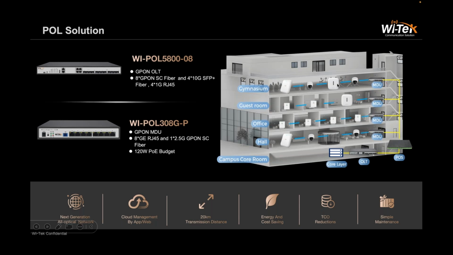Like here we show, this is a building with a control room. From our core switch or from our server, we connect one OLT. This OLT has a few fiber ports. Every fiber port goes to a splitter, which splits into 128 new fibers. The new fibers go to every floor, and then connect to the MDU, which converts from fiber to PoE.